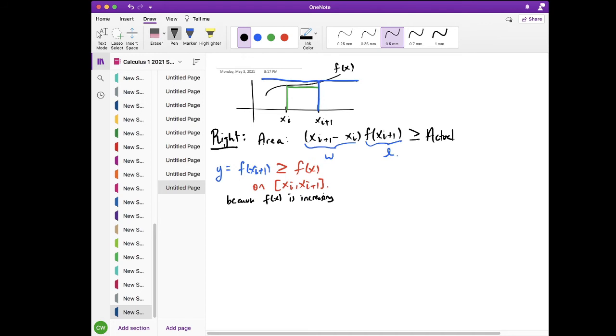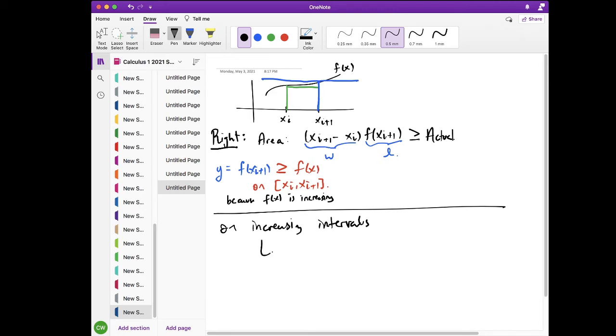Yeah, on increasing intervals, L of n is less than A, which is less than R of n. And we showed that the limit as n goes to infinity of L of n is equal to the limit as n goes to infinity of R of n.